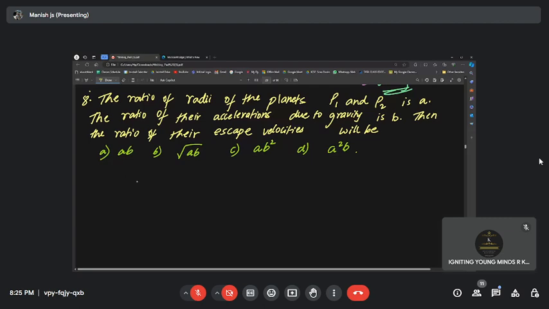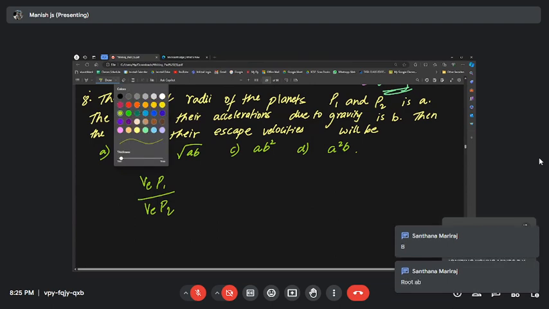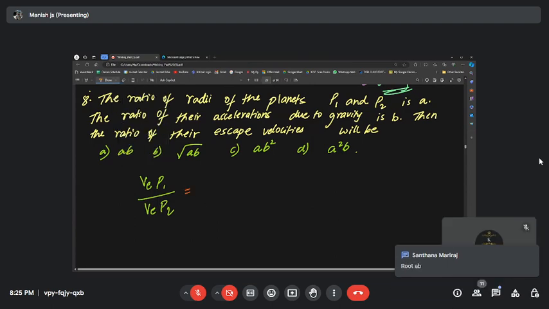Yes, under root 2 gR. So, let's find out. So, escape velocity of planet 1 with respect to the escape velocity of planet 2. That's what we want to find out. So, as you rightly said, the formula for escape velocity is given by root 2 gR. Very important here, we need to understand that the gravity for the planets is not the same, and hence we have to write them as under root 2 g1 r1.